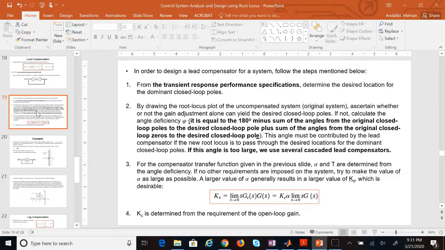Two conditions: the phase condition, from which I got the contribution angle, and the magnitude condition. The magnitude condition says the magnitude of the open loop transfer function at the desired location should be 1, right?